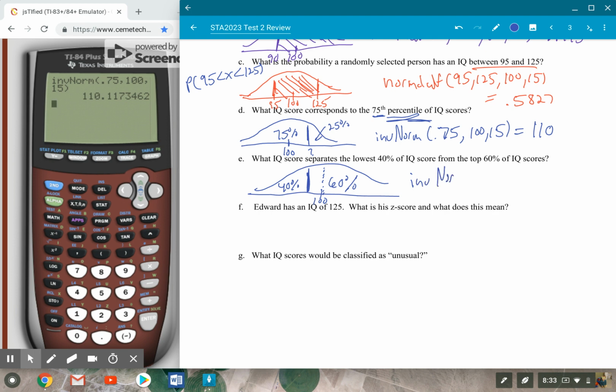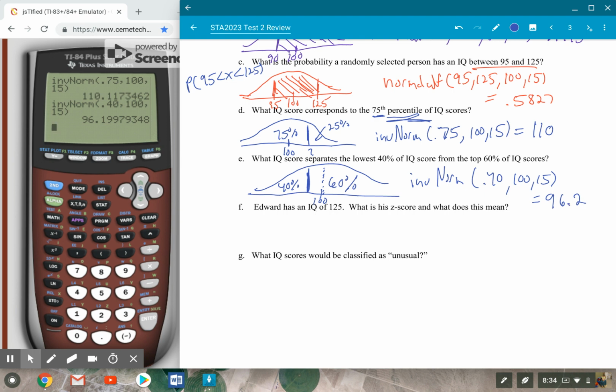So this would be inverse norm. 0.40, 100, and 15. We get 96.2, or just a flat 96 there.